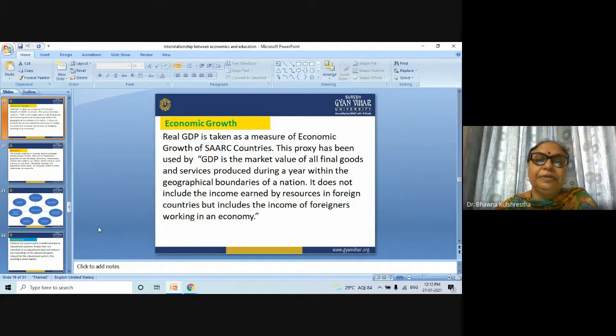GDP is the market value of all final goods and services produced during a year within the geographical boundaries of a nation. It does not include the income earned by resources in foreign countries, but includes the income of foreigners working in an economy.